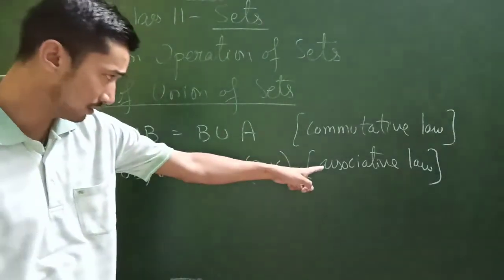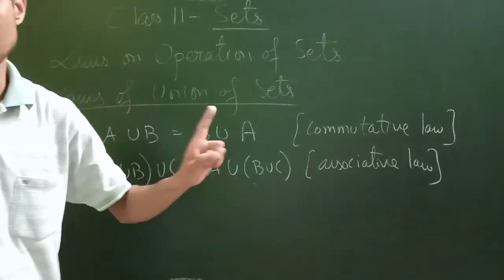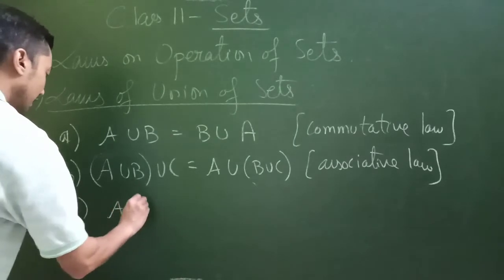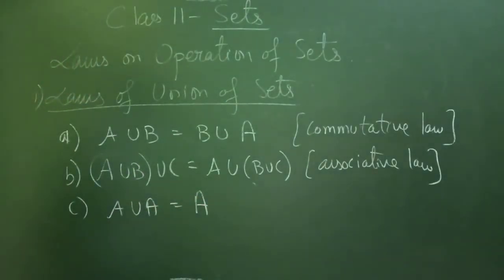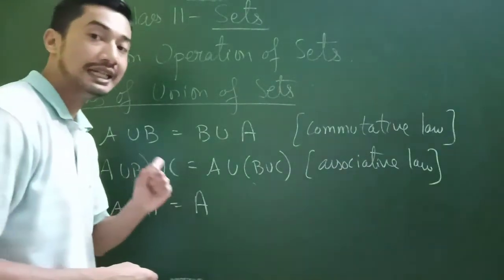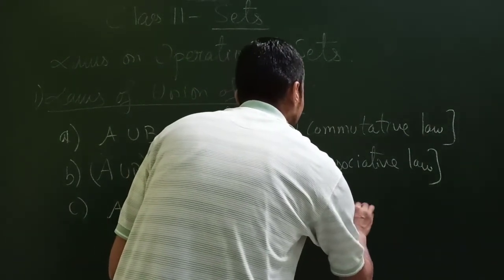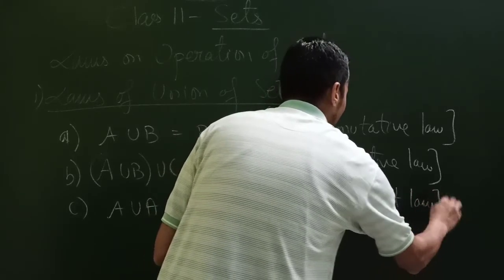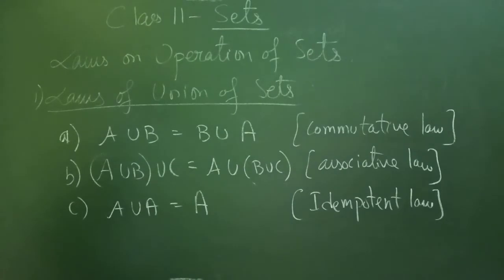Next, we have another law: A union A. What are we going to get? Definitely the same set again, A. This law is called the idempotent law.